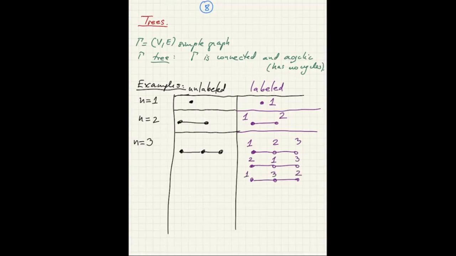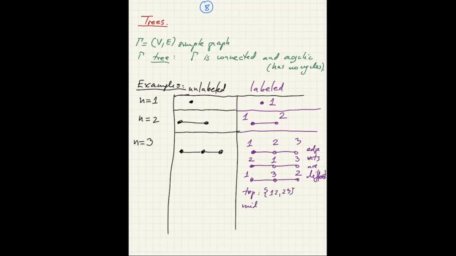Now these purple trees are considered different when you talk about labeled trees because their edge sets are different. So you see the one on the top, the edge set consists of 1, 2, and 2, 3.